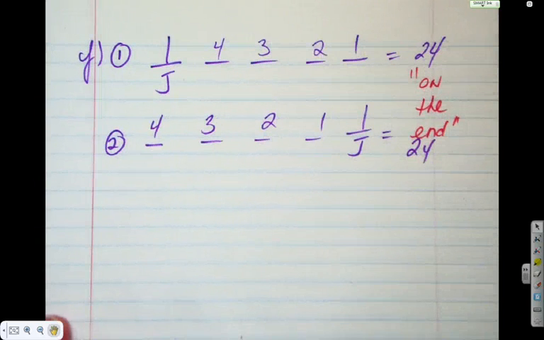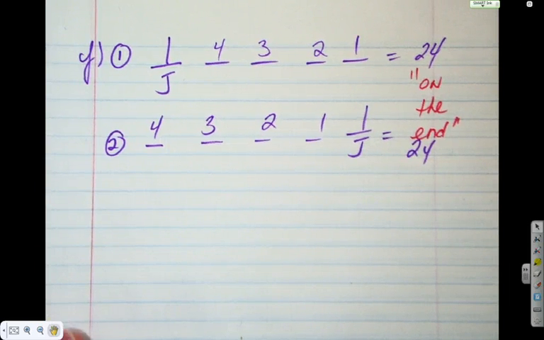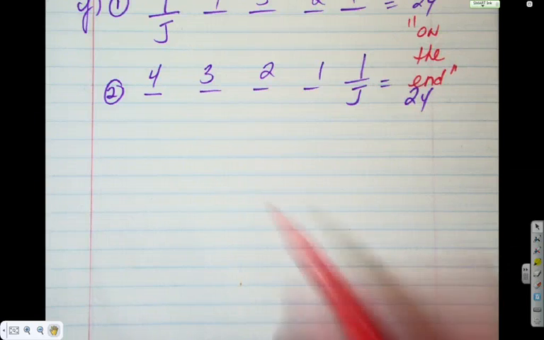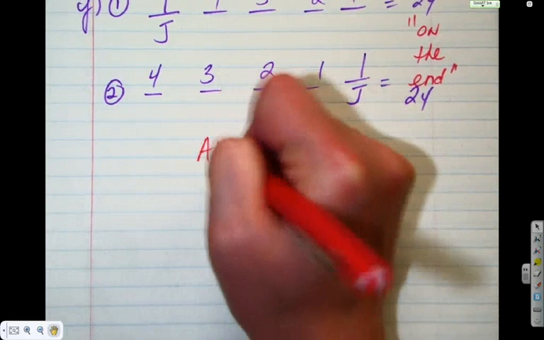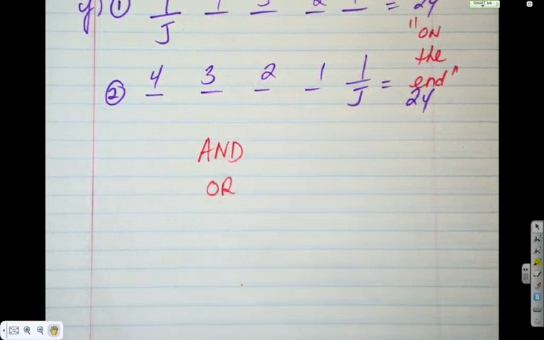What do we do with these 2 numbers? Why add them? Why not? Why don't we divide them? There are 2 really important words in mathematics. The first is and, the other is or.